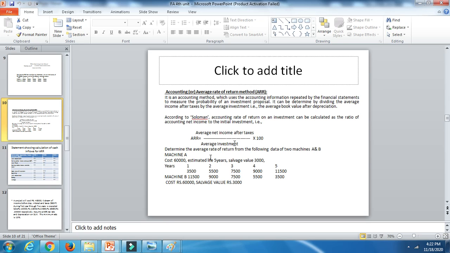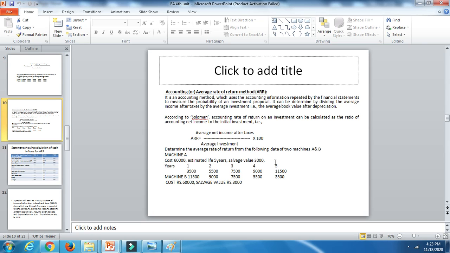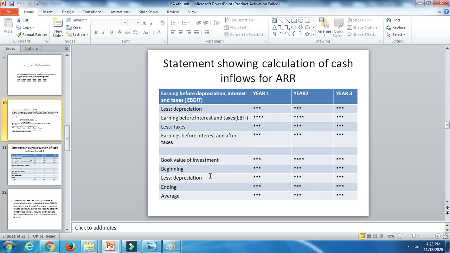He has given: determine the average rate of return from the data of two machines, machine A and machine B. He has given years and the amount directly. But in our next problem, he will not give this directly.